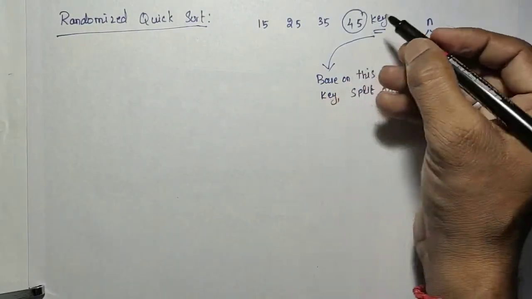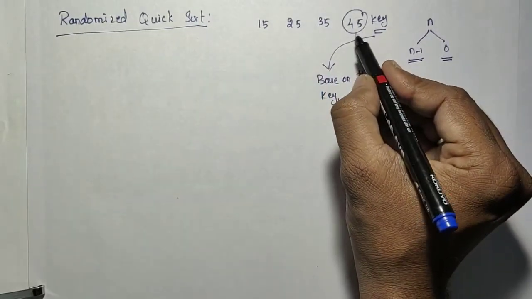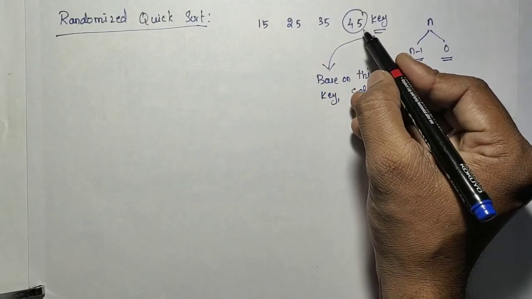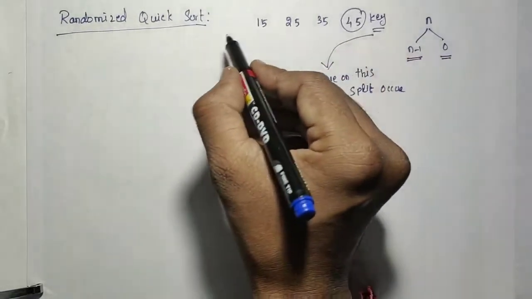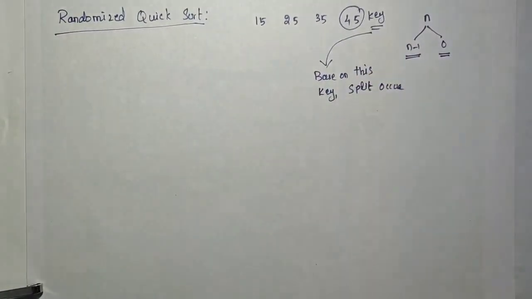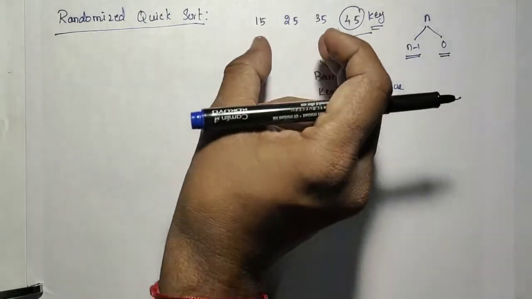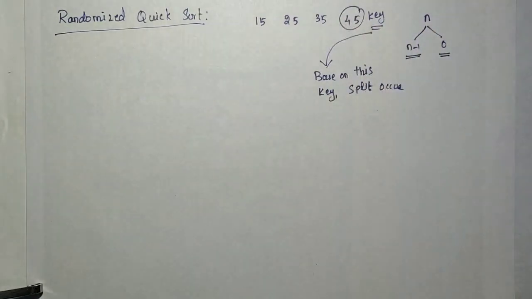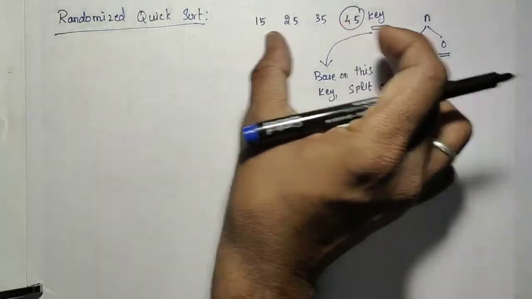So how we are going to modify this is, instead of always choosing the last element as the key element, we are going to select any element randomly as the key element. We just modify the partition algorithm so that we do not always choose the last element as the key, but instead choose any element randomly from the list.